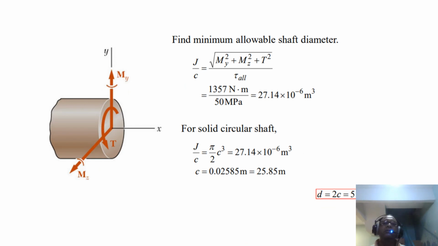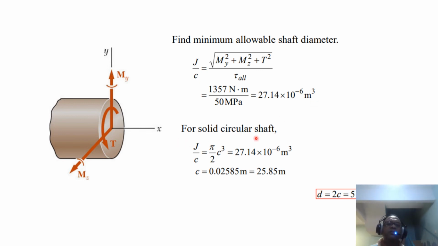So let's move on. So we now use the formula. We apply the resultant stress, square root of My squared plus Mz squared plus T squared, divided by the allowable stress, which is 50 megapascal, equals J over C, equals 1357 Newton meter, equals 27.14 times 10 to the power minus 6 meter cube.